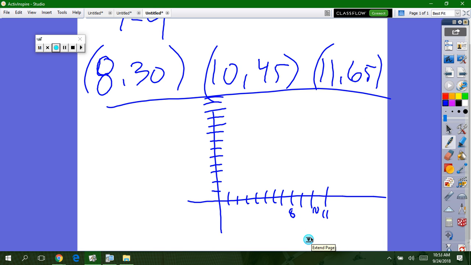Okay, so I'm going to hurry and quickly plot these points. So notice I was at 8, 30; 10, 45; 11, 65.